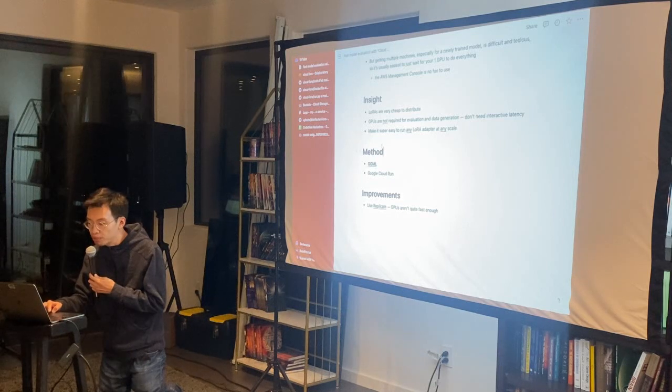So we prototyped this thing using a serverless platform, using a combination of GGML, llama.cpp to do inference of a fine-tuned code model on a CPU, and using Google Cloud Run, which can scale out a container image.